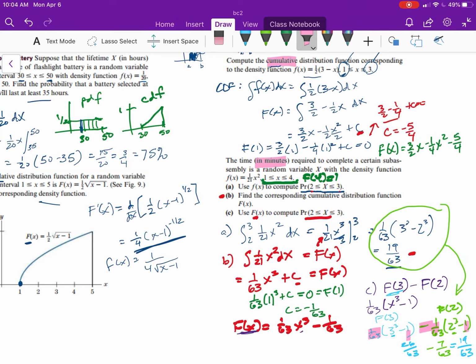Then all I have left is this 3 to the third and this 2 to the third. Why is it minus? Again, this minus right here, right? So there it is: 3 to the third minus 2 to the third with the 1/63 factored out. Essentially, we are doing the same thing. We just never really found the cumulative distribution function in part A.